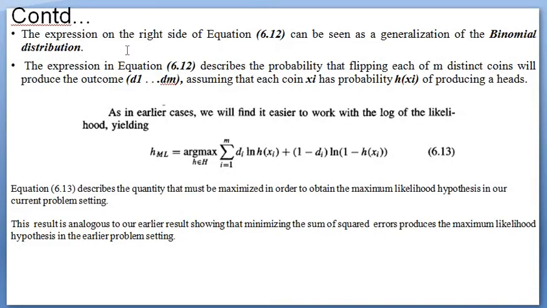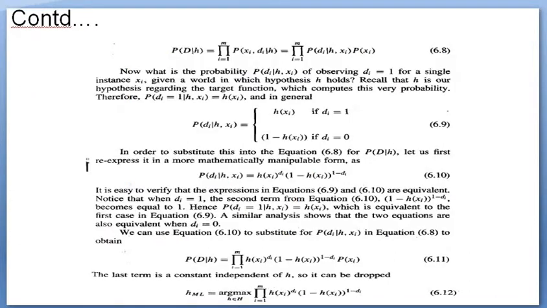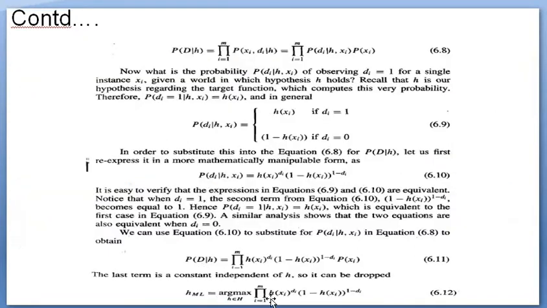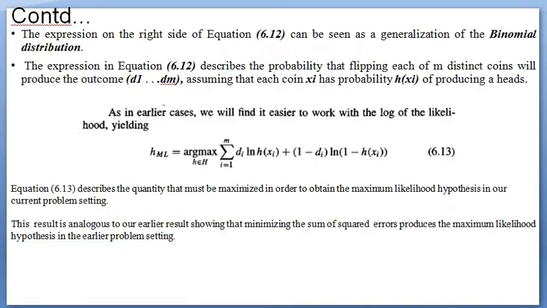The expression on the right hand side of the distribution, equation 6.12, can be seen as a generalized binomial distribution. This equation we are calling a generalized form of binomial distribution.